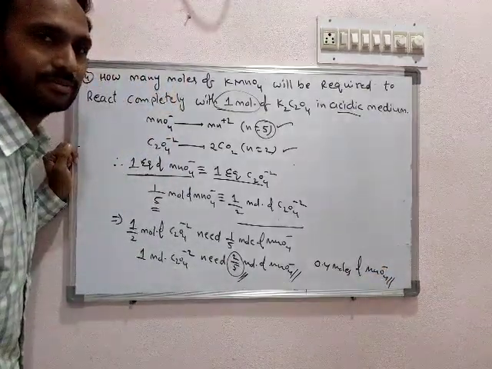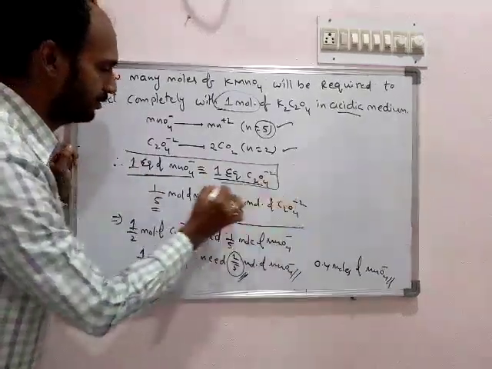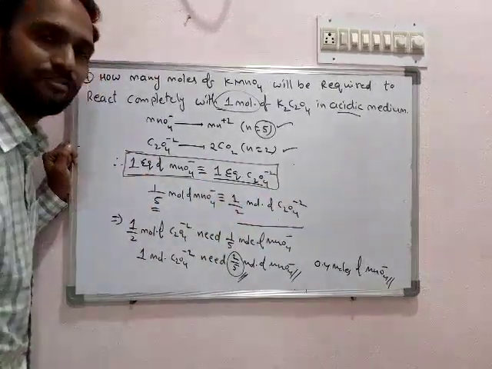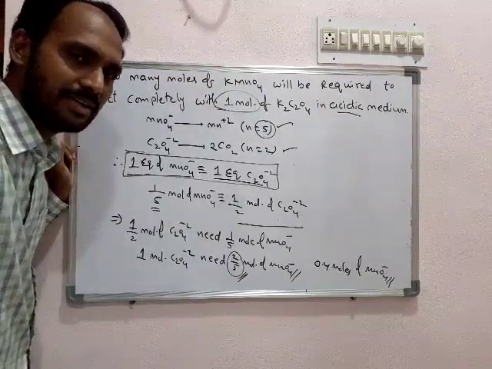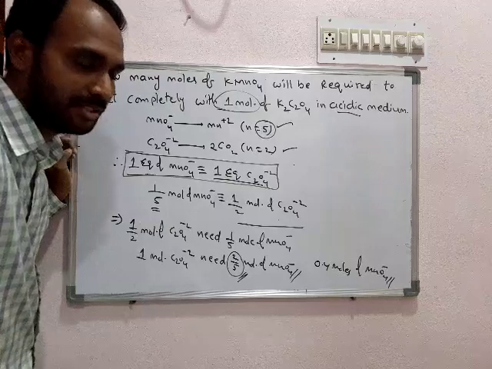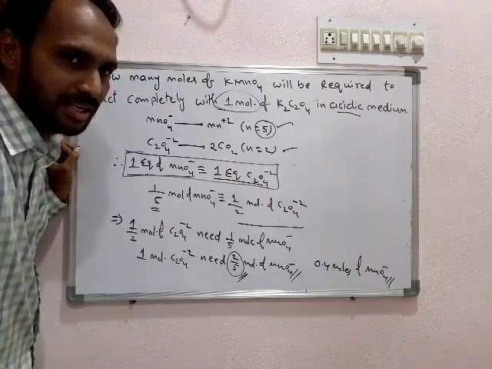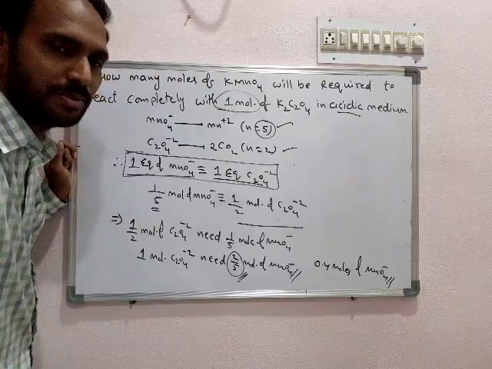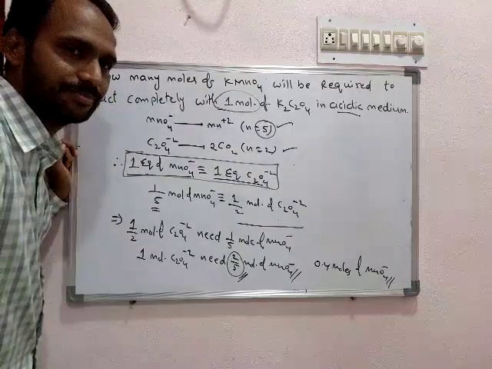Here we compared the equivalent weights, whereas in earlier problems we equalized the milliequivalents because volume terms were given. Here there is no choice to calculate milliequivalents as no volume terms are given.